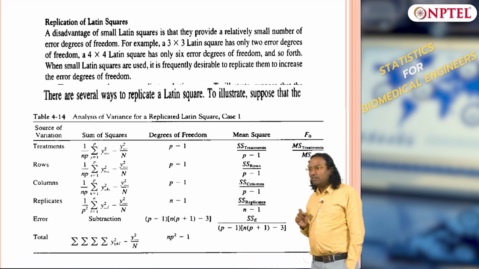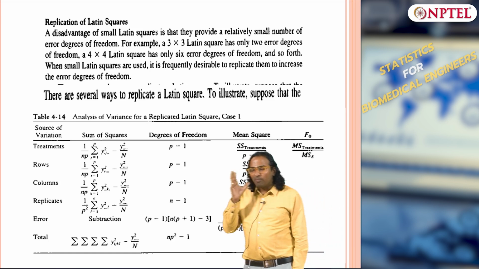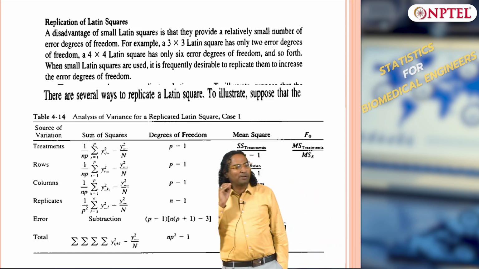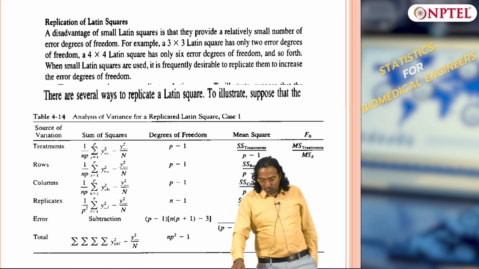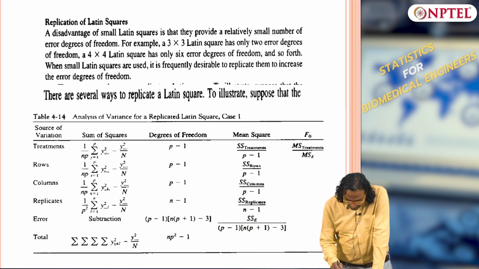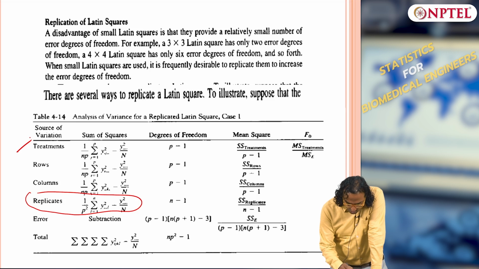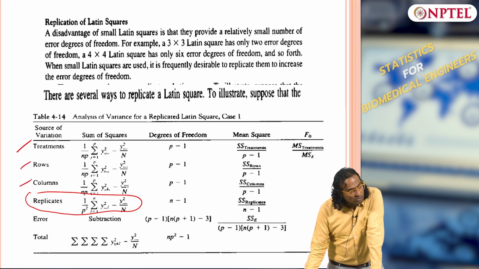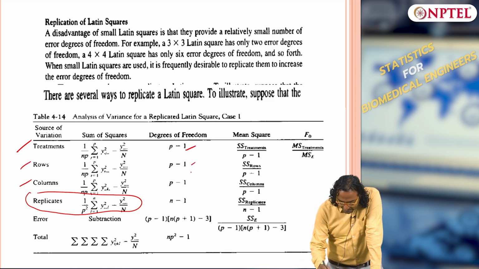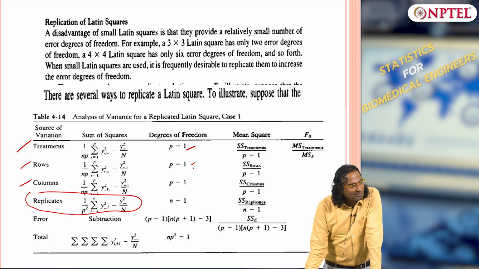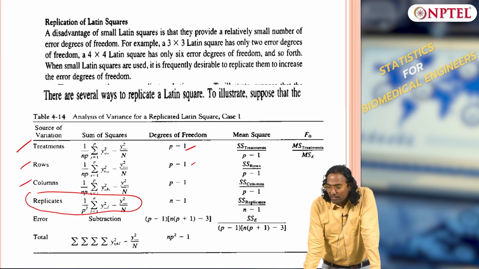You see what I mean? When you replicate, you have to think about how to capture the replication aspects. So, that is where we talk about replicate sum squares. So, this is your row, treatment, rows, columns. Remember, these degrees of freedom do not change, because p minus 1 is the degrees of freedom.